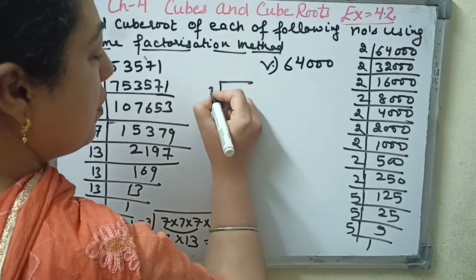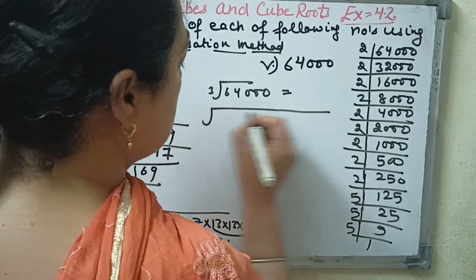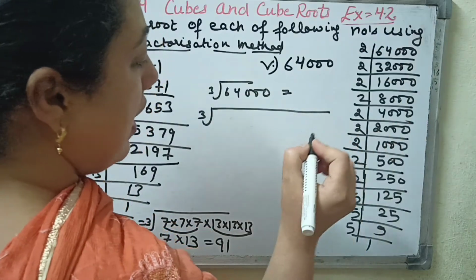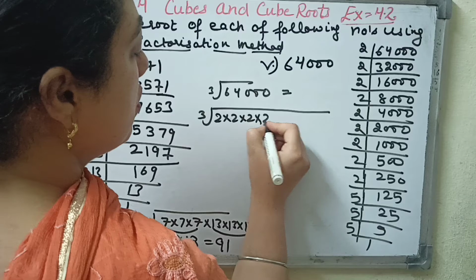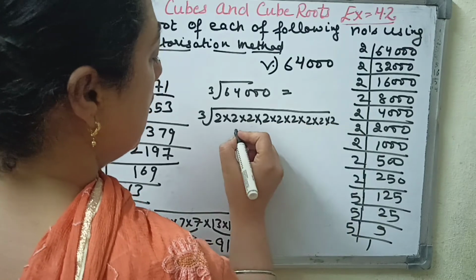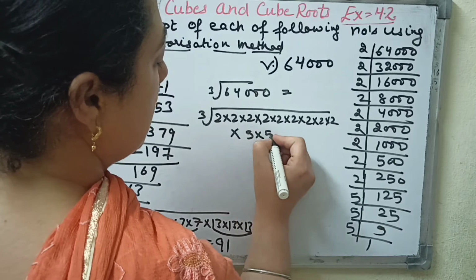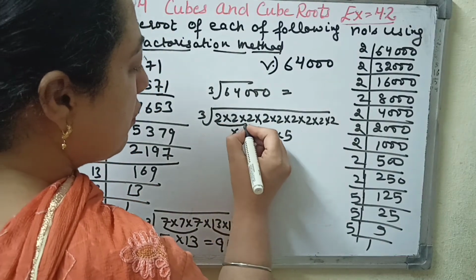Now, the cube root of 64,000 equals, now 2 appears 9 times. So, I write down here 2 nine times: 2 into 2 into 2, 2 into 2 into 2, 2 into 2 into 2, and 5 appears 3 times. Now, make groups of 3 numbers.